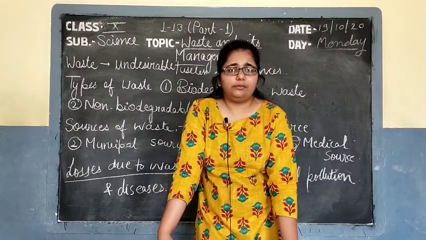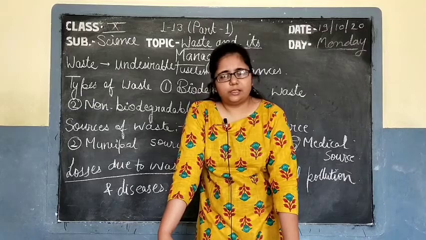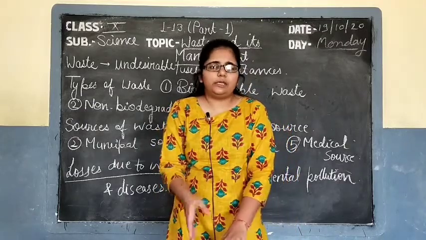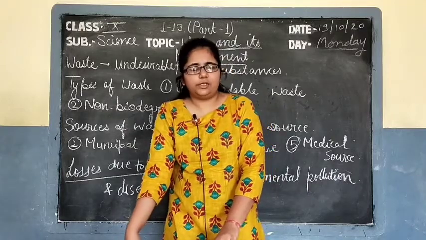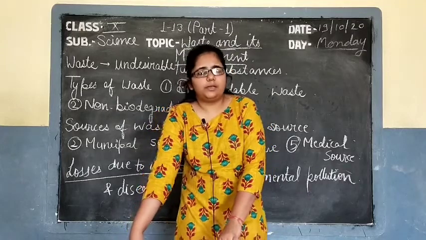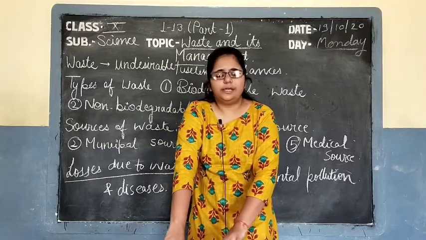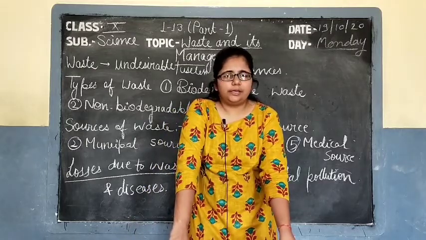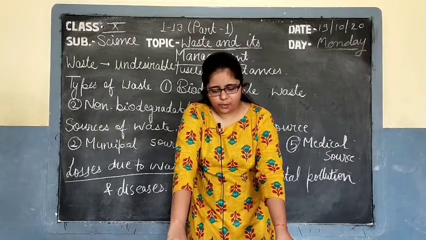Due to that rate, the degradation is very slow, as we can compare the rate of producing garbage and the rate of decomposition. The rate of producing garbage is very much higher than the decomposition rate. So these kinds of waste which can be biodegraded are also causing environmental problems.